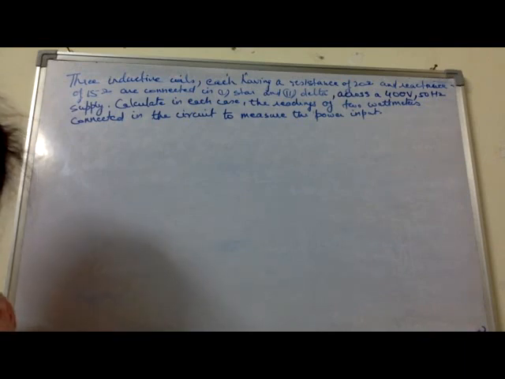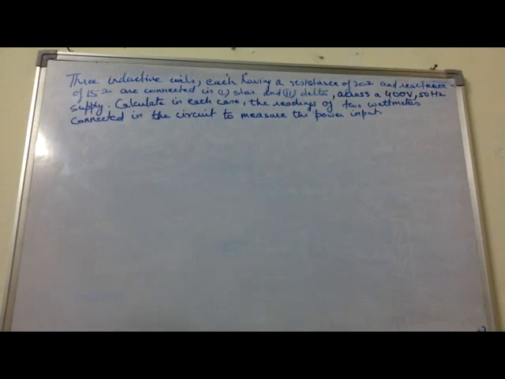Now, the second problem is: three inductive coils, each having a resistance of 20 ohms and reactance of 15 ohms, are connected in star and delta separately across a 400 volts 50 hertz supply. Calculate in each case, that is star and delta, the readings of the two wattmeters connected in the circuit to measure the power input.